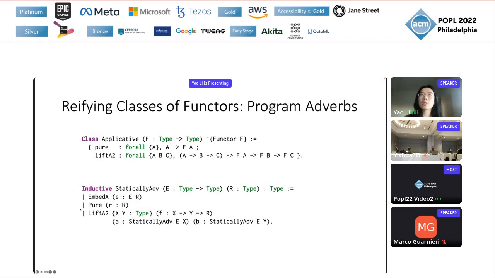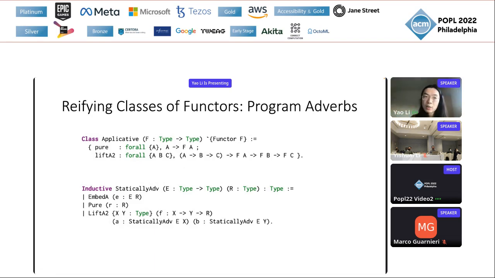It's very clear to see that first we have a pure constructor, which just replaces the functor f with the starting adverb data type here. And the same happens for liftA2. So I'm just copying the functions and replacing the type with something more concrete. And in addition, I'm adding an embed data constructor, which would embed an effect into this adverb, which I call the starting adverb.